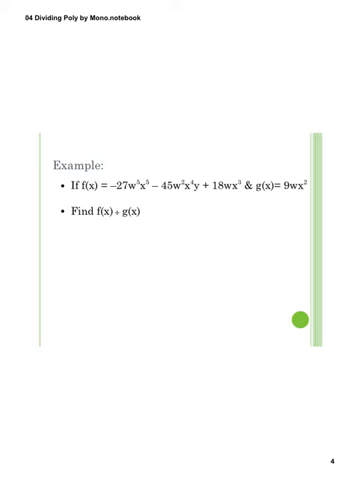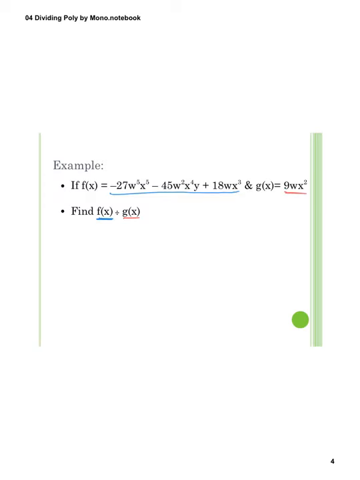And one more. Usually if I'm in the actual classroom, kids get a little nervous because it looks complicated. We want to divide f of x, which is this. That's 3 terms. And we're going to divide that by g of x, which is this.